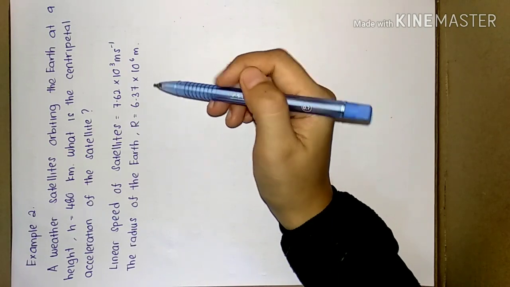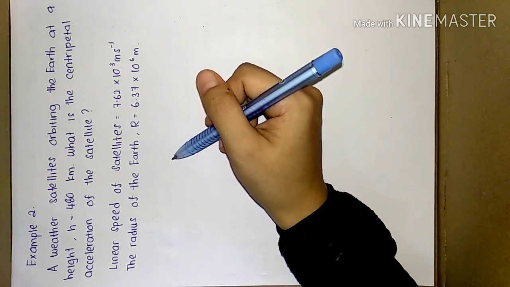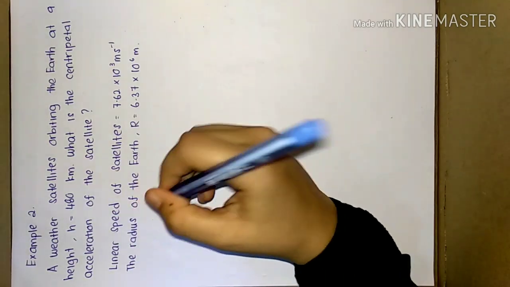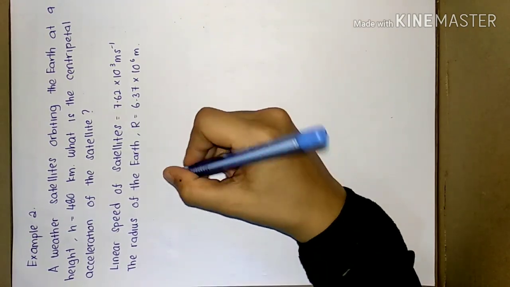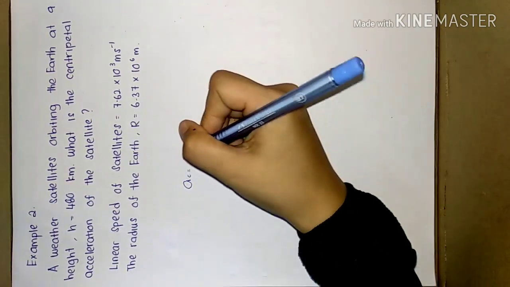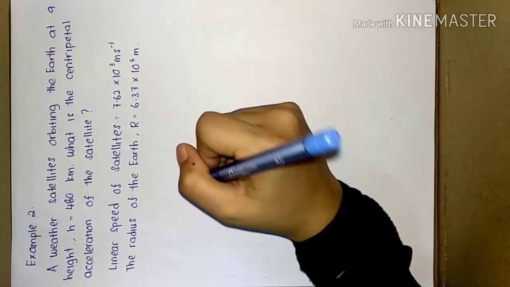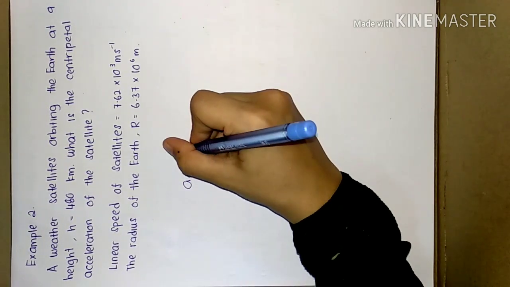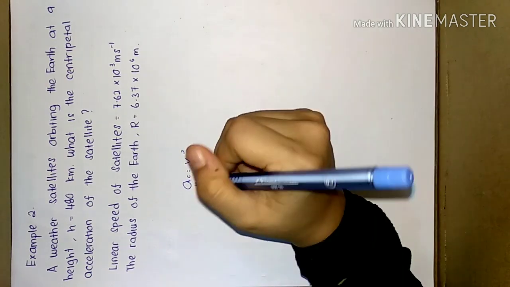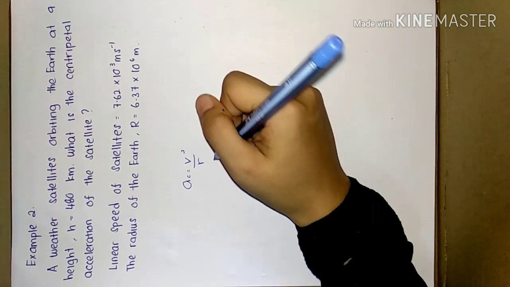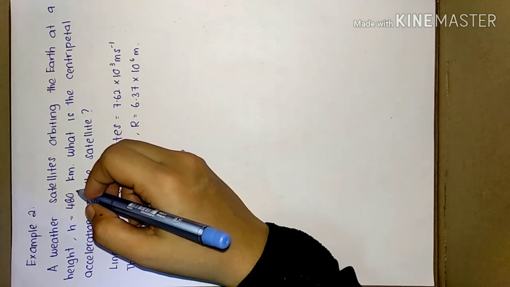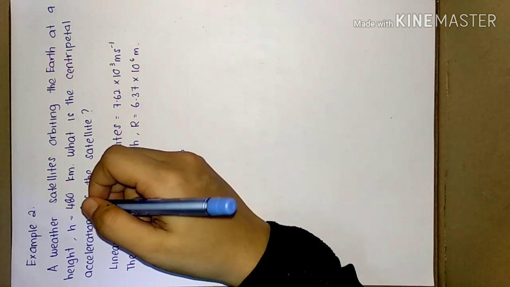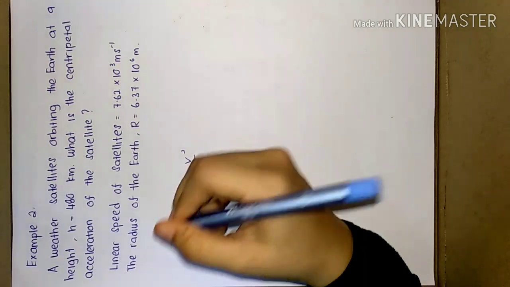We have to use the formula of centripetal acceleration, a_c equal to v squared over r. But before that, the height is given in kilometer, so we have to change that height to the SI unit.